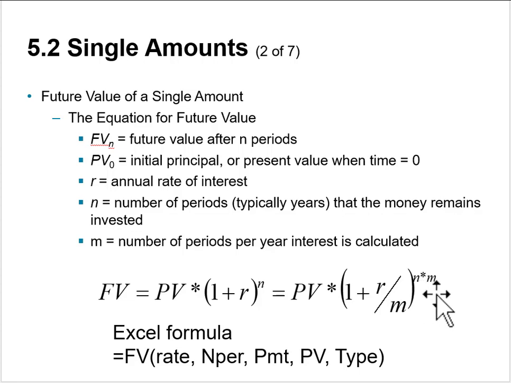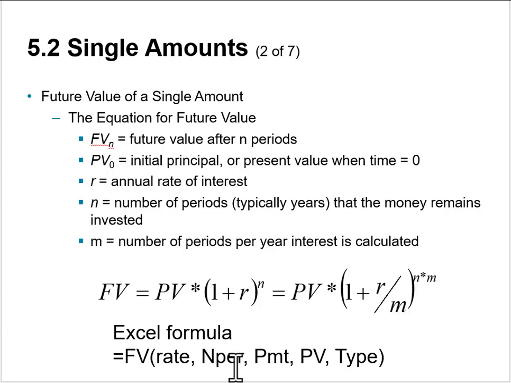So we have the actual number of periods per time horizon, and we have the interest per period during that time horizon. If you do the Excel formula, you have to remember that the rate that you include has to be the rate per time period.